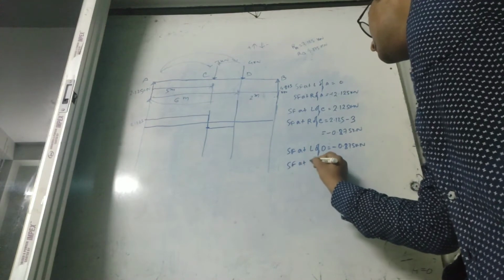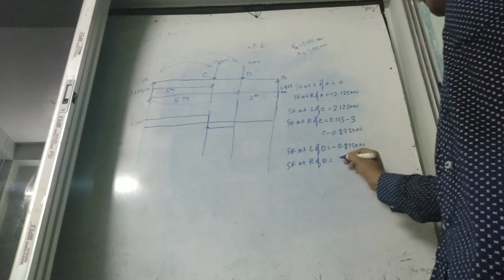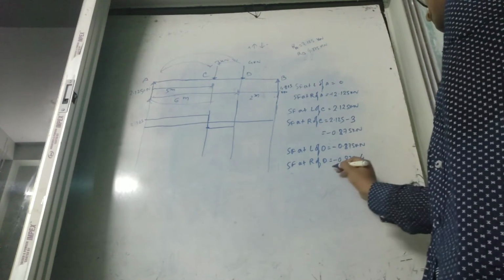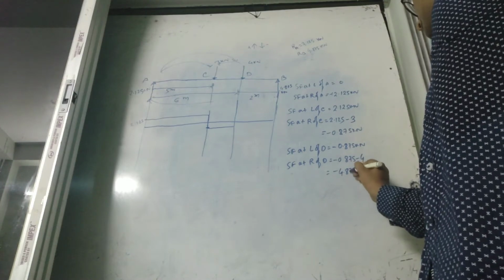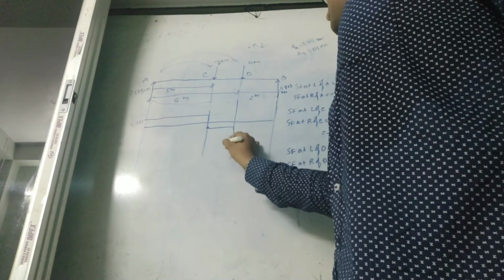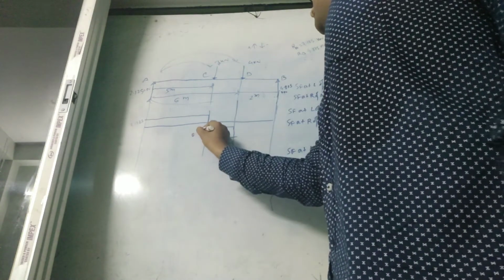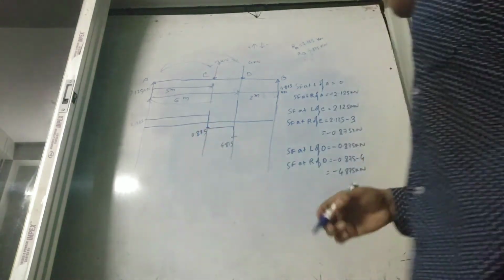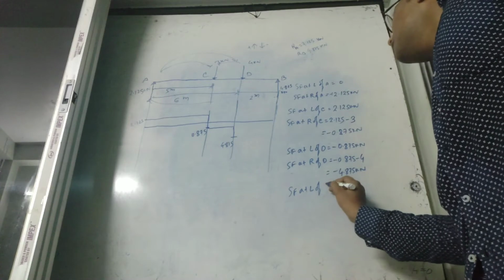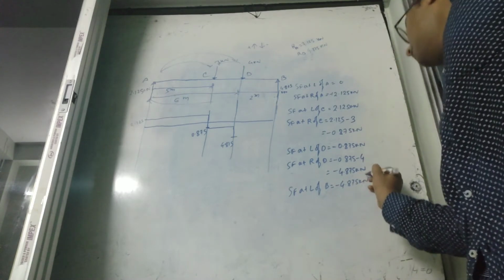Shear force at right of D will give the upward downward, so minus 0.875 minus 4 minus 4.875 kilonewton. So shear force at left of B equals to minus 4.875 kilonewton.